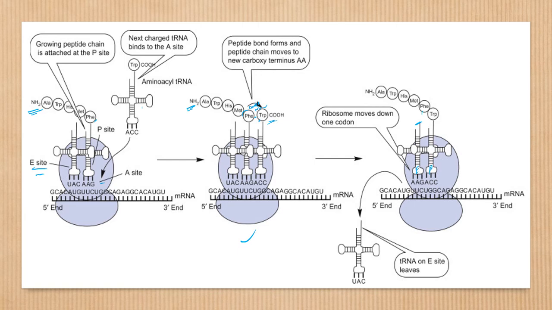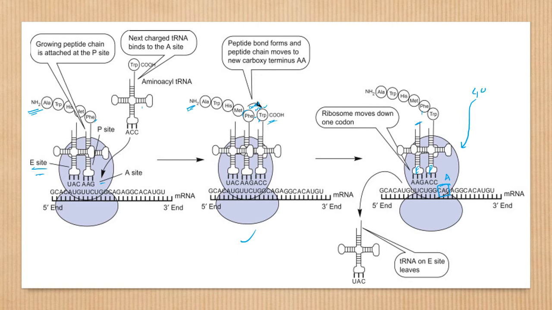Again, the next codon, CAG. This codon becomes site A. Based on this, tRNA again brings another amino acid, that is GUC.